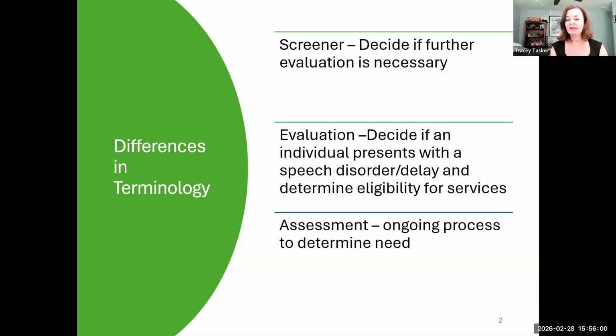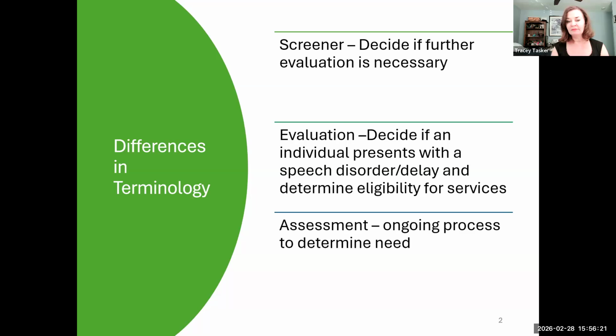An evaluation is done after we've finished the screening and decided that further evaluation is necessary. Although people often use evaluation and assessment interchangeably, evaluation is really meant to decide if a person qualifies as having a speech disorder or delay and to determine eligibility for services.